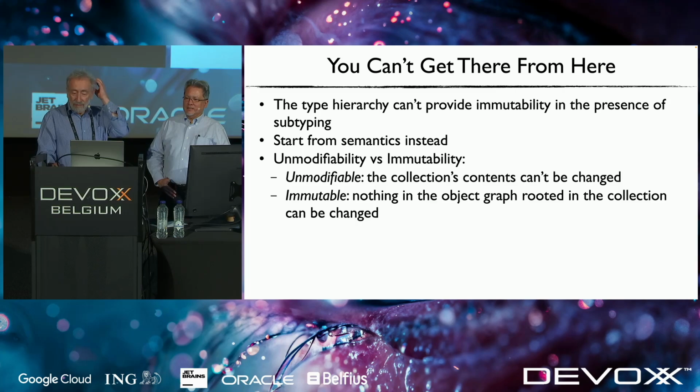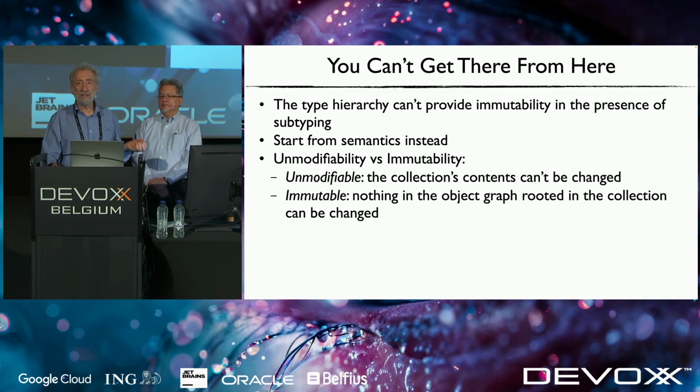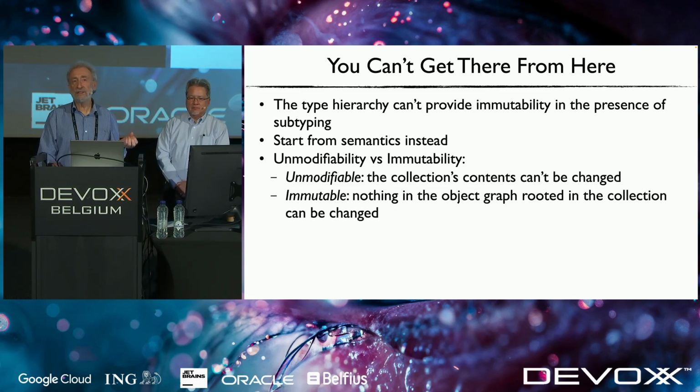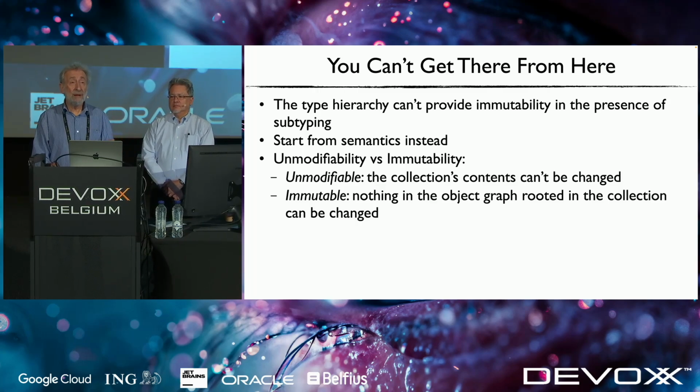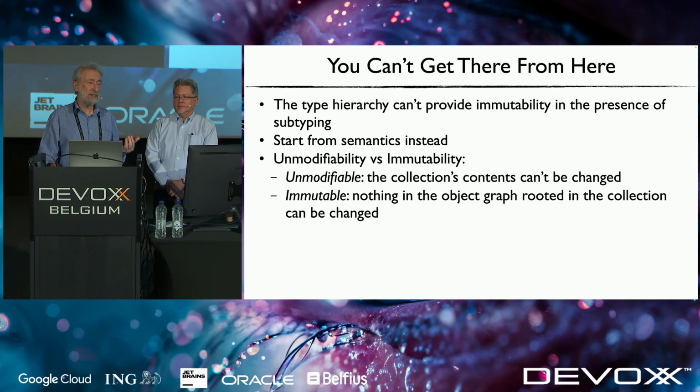But supposing that each element of the list is an object that contains references, and those references can be changed, then unmodifiability doesn't say anything about that. It just says that the contents of the collection itself can't be changed. Sometimes people call this shallow immutability. So you may have come across that phrase.